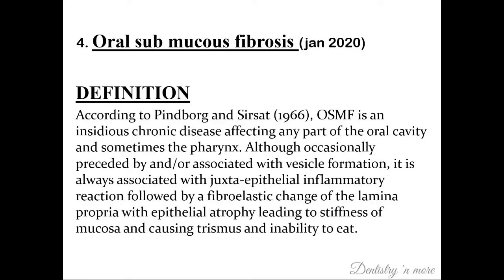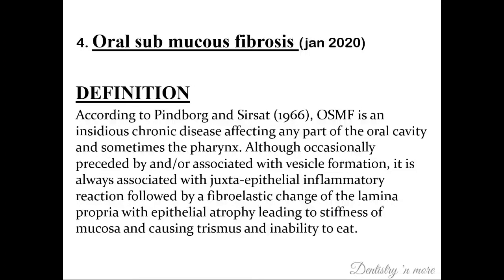Next question we move on to is oral submucous fibrosis. Once this question has been asked, definitely you have to give the definition that was given by Pindborg and Sirsat in 1966. The definition goes like this: it's an insidious chronic disease affecting any part of the oral cavity and sometimes the pharynx, although occasionally preceded by and or associated with vesicle formation. It is always associated with juxtaepithelial inflammatory reaction followed by a fibroelastic change of the lamina propria with epithelial atrophy, leading to stiffness of the mucosa and causing trismus and inability to eat.